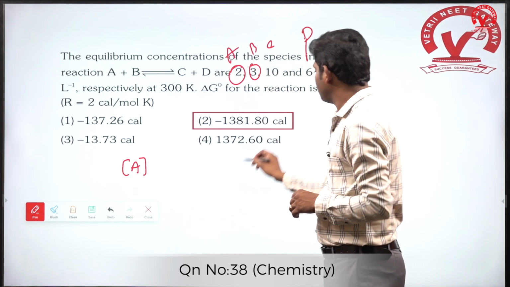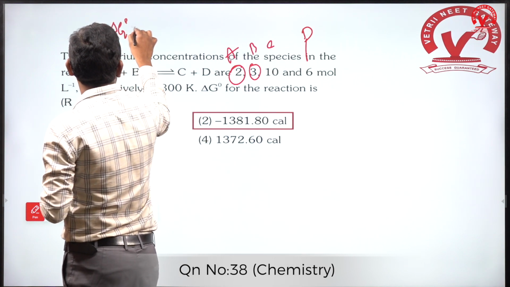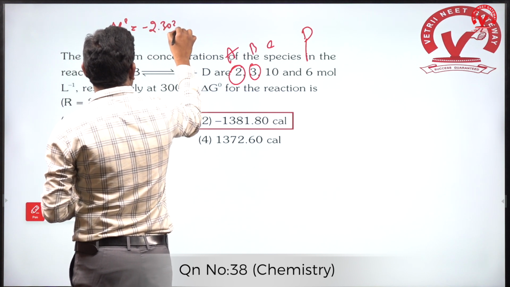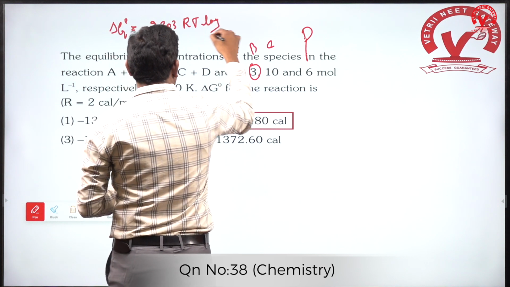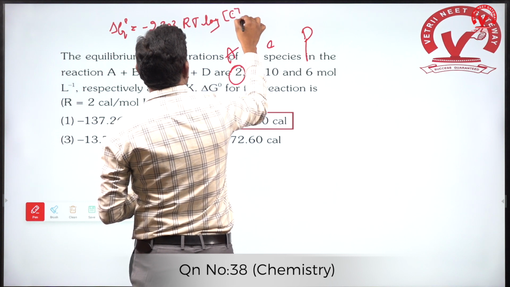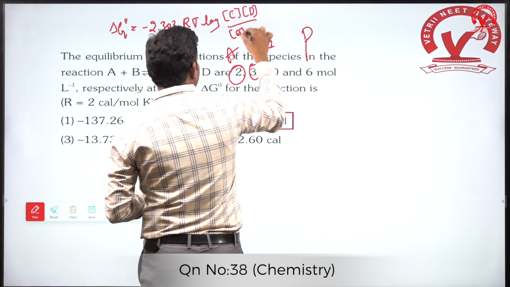The formula for delta G naught is delta G naught equals minus 2.303 RT log of the molar concentration of the products by the molar concentration of the reactants.